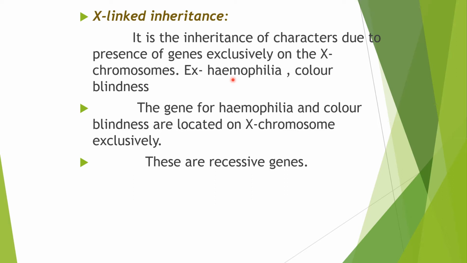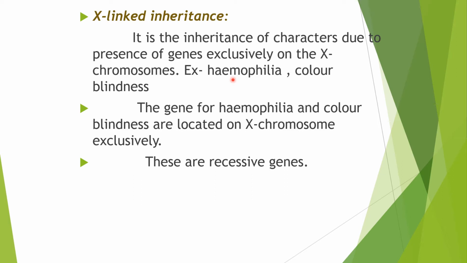Another important feature you need to understand is that these genes are recessive genes. Recessive means they can only express themselves when they are present in similar pairs, or in other words, in homozygous condition. So, two things you learned about X-linked disorders.